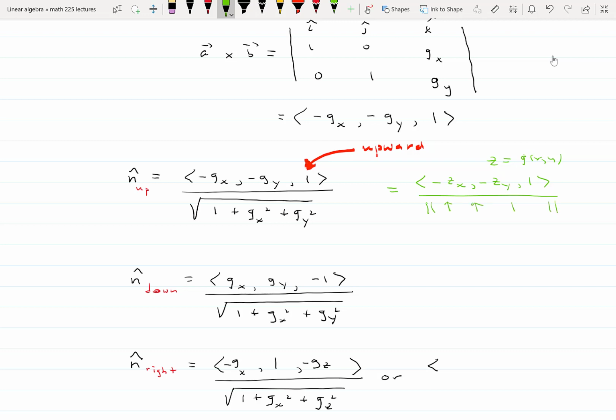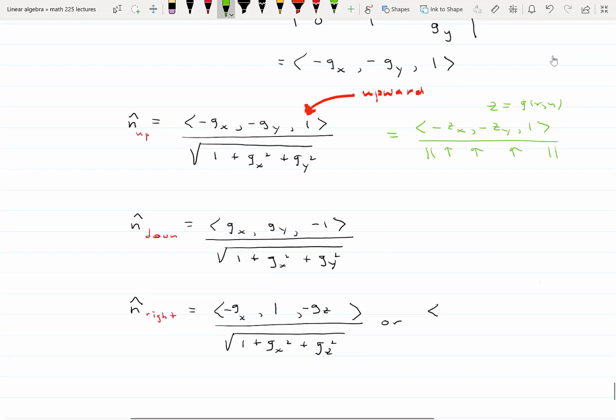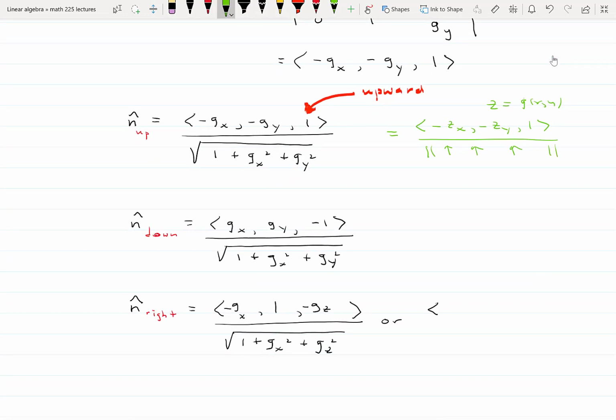I'll just put length with arrows above. For the downward normal, z is still a function of x and y, so we would take the opposite of the upward normal: zx, zy, and negative 1, over the length of the vector.